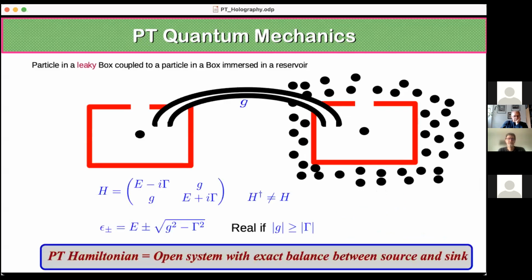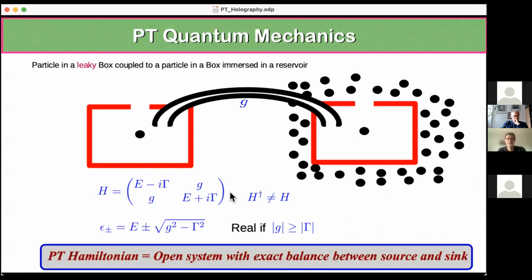But surprisingly, if you couple these two by allowing the particles to tunnel from box A to box B with a tunneling amplitude G, then you would write down this 2x2 Hamiltonian, which describes the quantum dynamics of this system.